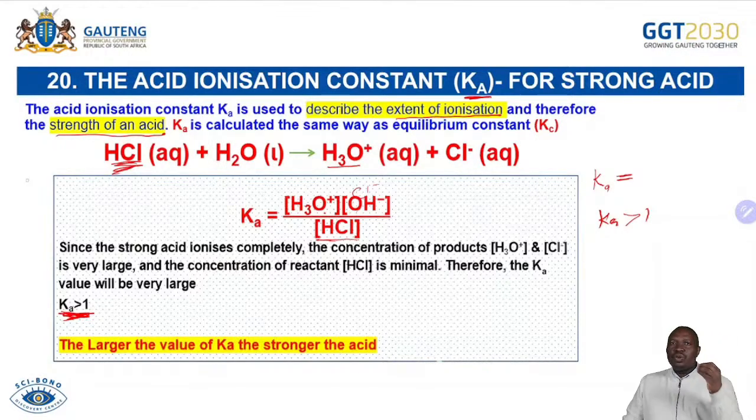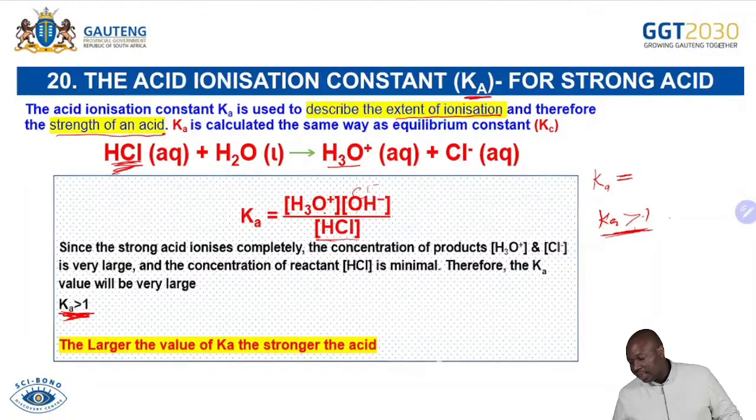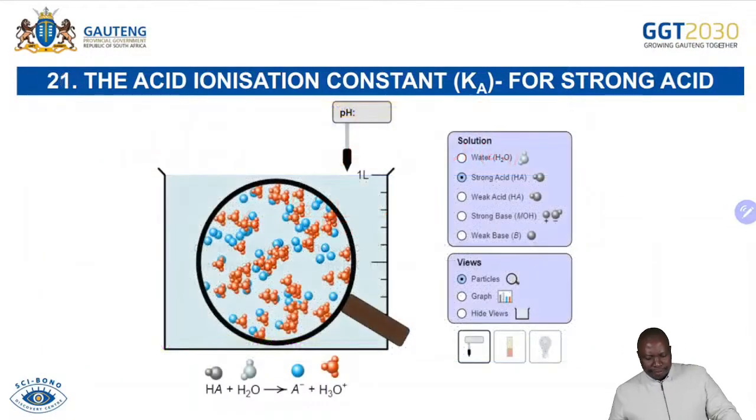So instead of telling you in the exam that this is a strong acid, we can simply say the Ka value is greater than 1. You got to know that a Ka value greater than 1 means we are dealing with a strong acid. So I hope you got that.